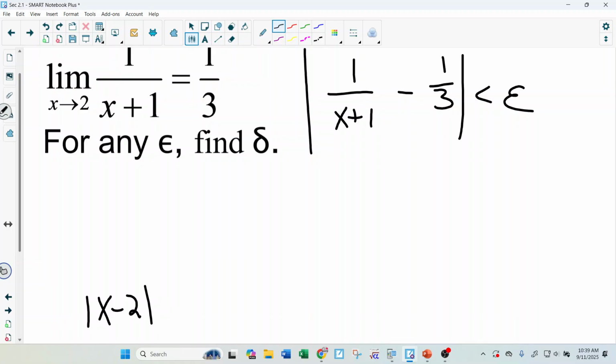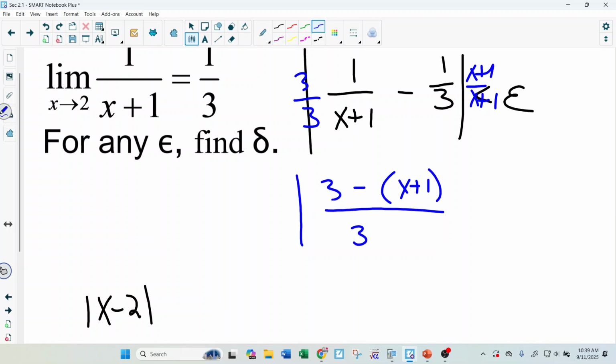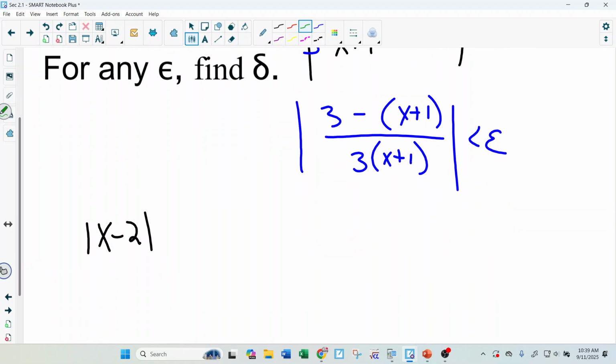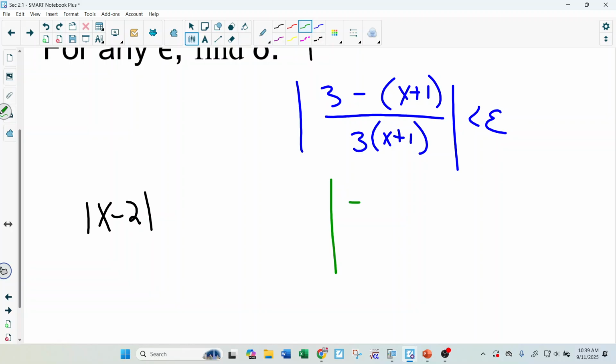So here we are going to need common denominators. So I'm going to multiply by 3 over 3 over here, x plus 1 over x plus 1 over here. So this will give me 3 times x plus 1 all over 3 times x plus 1, like that. Now if I simplify the top, this gives me minus x plus 2.